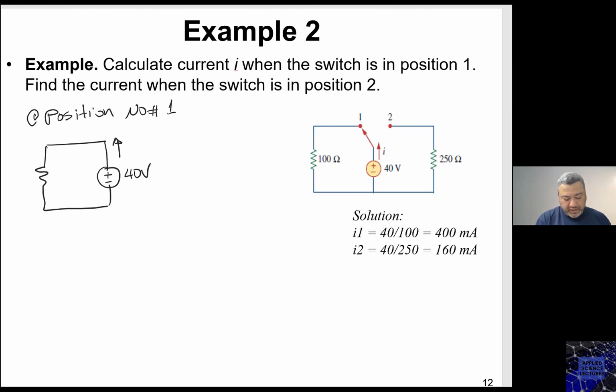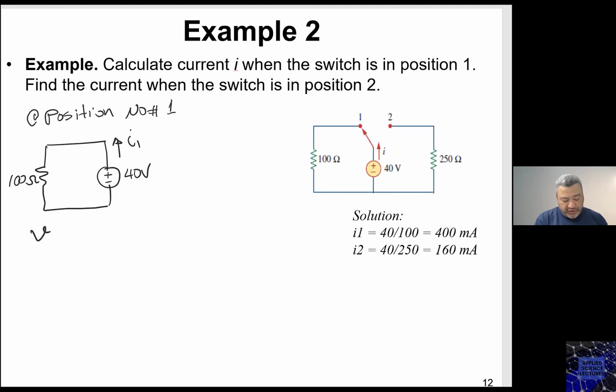And this is my current. Let me call this one I1, because the current in this circuit is going to be different than the current in the second circuit when I do the switching. So if I call this one I1, and my resistance here is 100 ohm, then I can calculate I1 using Ohm's law.